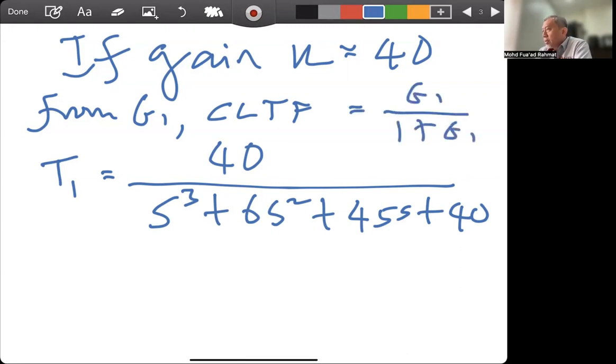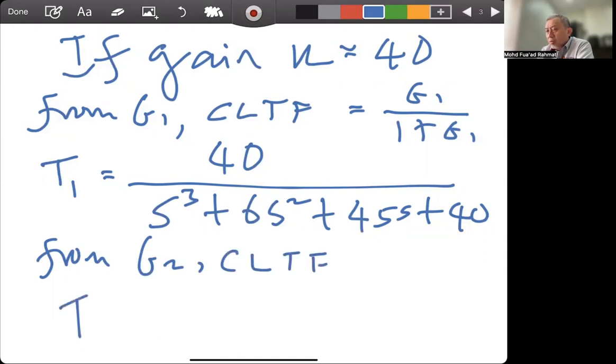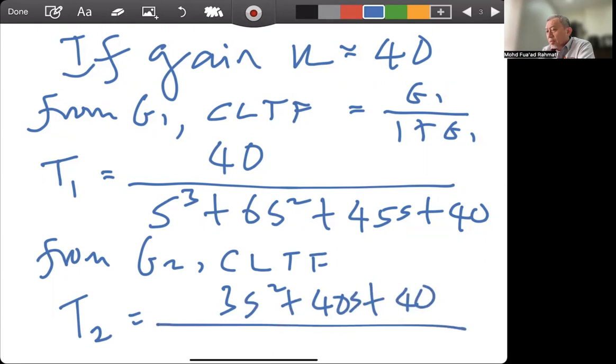And then from G2, the closed loop transfer function T2 is equal to 3s squared plus 40s plus 40 over s cubic plus 6s squared plus 45s plus 40.